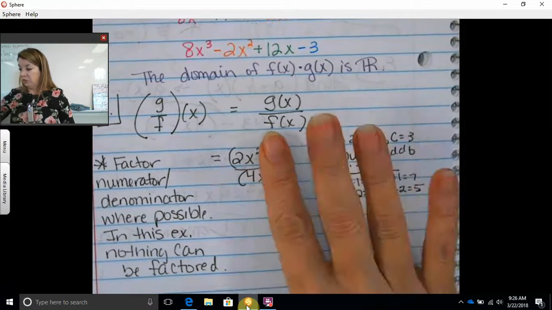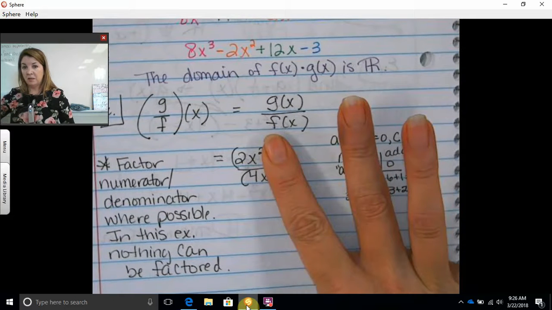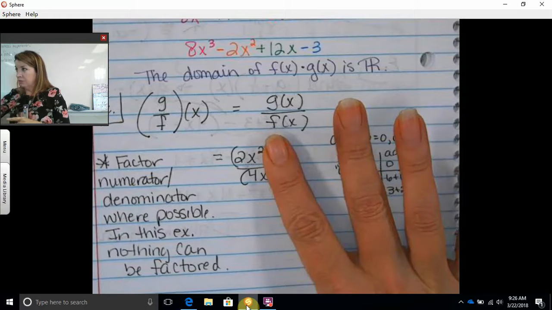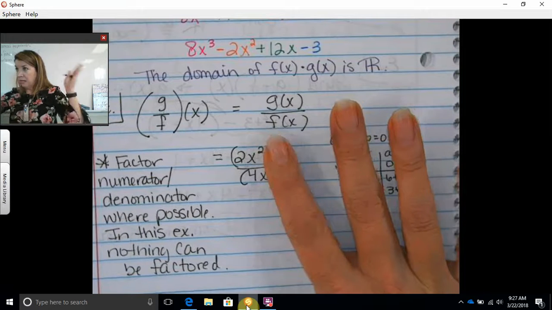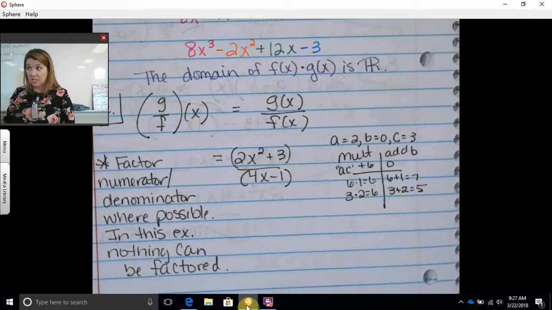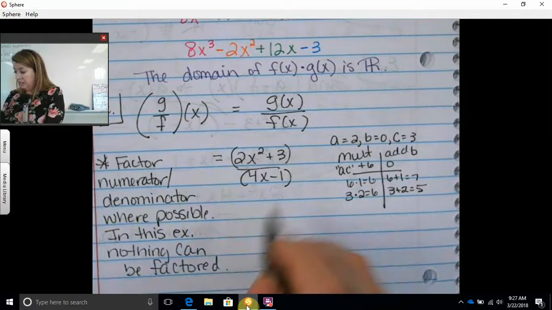Okay? If it was just a monomial divided by a monomial, that's one term. That's when you can just reduce pieces of it. Y'all remember that? But a binomial and a binomial, it's all or nothing. You can't just reduce pieces. Okay. So that's all I can do. What do you think the domain is?